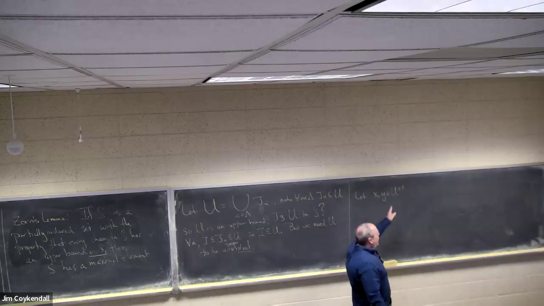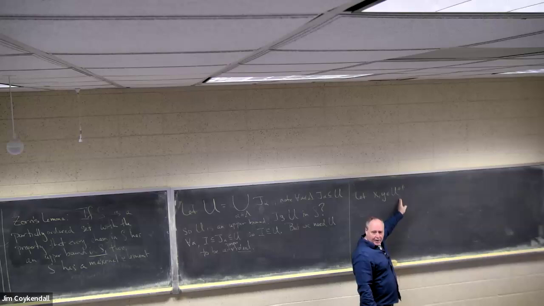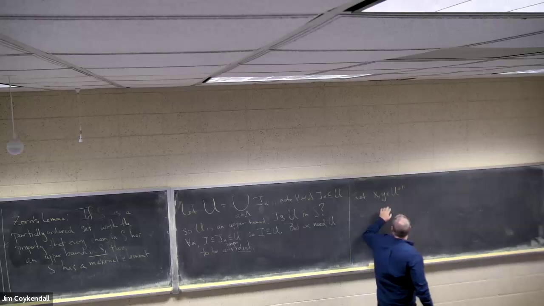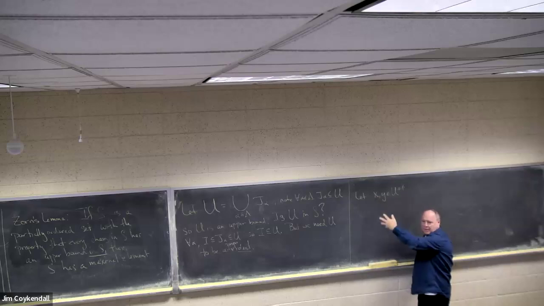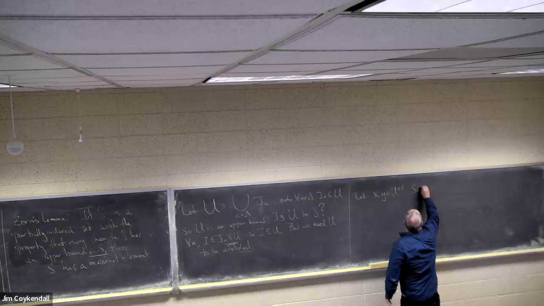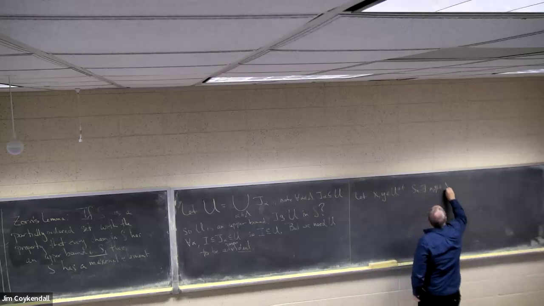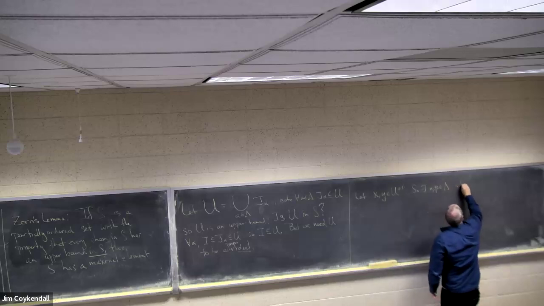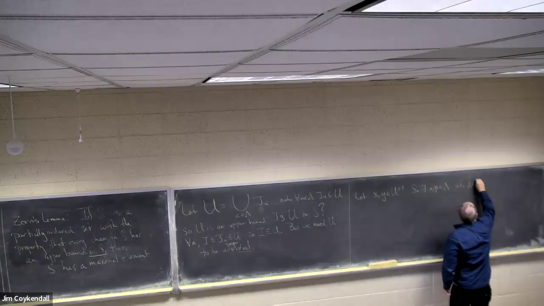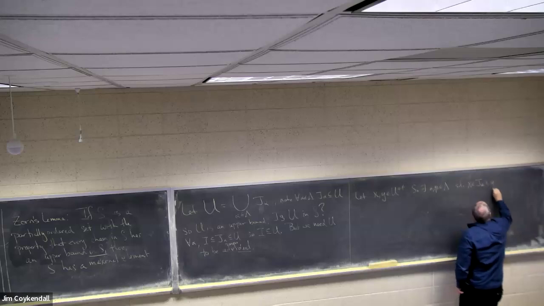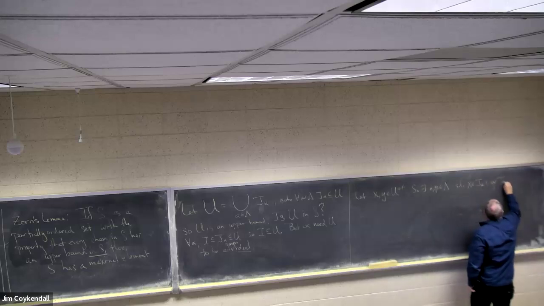Now, how do we make U? It is a union of a bunch of ideals. So that means that this X and this Y appear in this union of ideals. So there exist alpha and beta in my index set such that X is in J alpha and Y is in J beta.